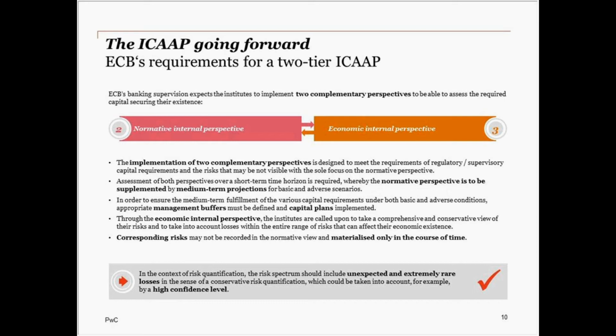And one hint the ECB has given in the paper they issued is that this should be aligned to the IRRBB formula of the current Pillar 1 assessment. And if you look into the IRRBB formula, this has been calibrated on a confidence level of 99.9% and a holding period of a year.